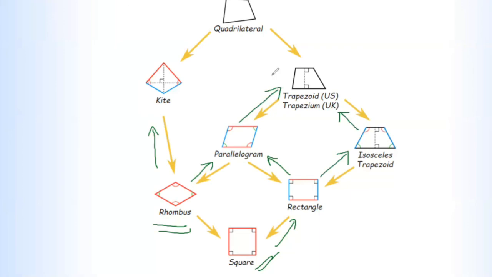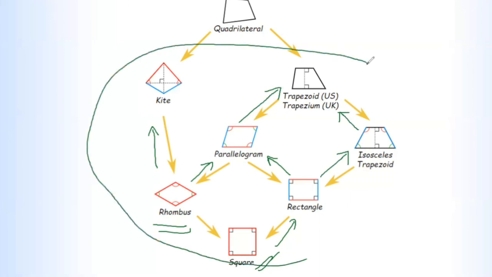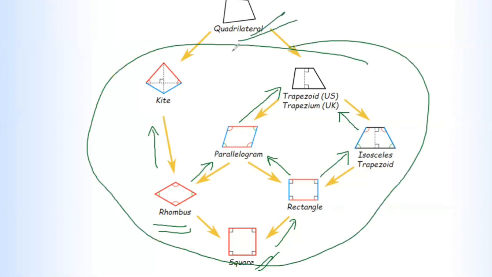Then the quadrilateral, this entire family belongs to the quadrilateral. A quadrilateral can be any type of closed four-sided polygon. The yellow arrow marks given here show that when one more condition is applied to a figure, we get another type of quadrilateral.